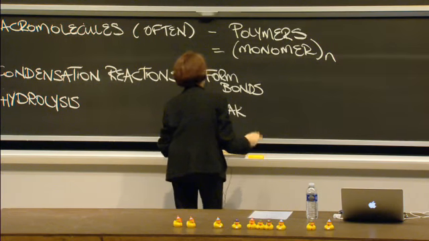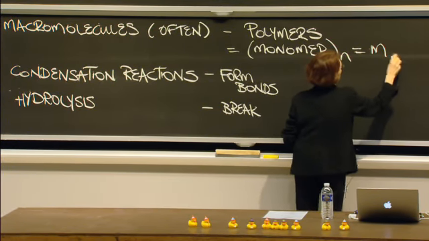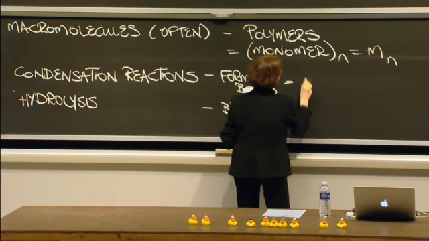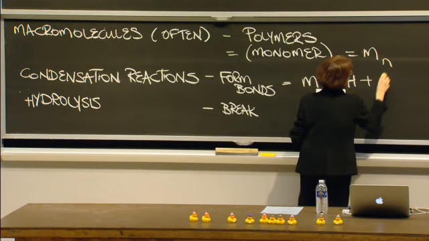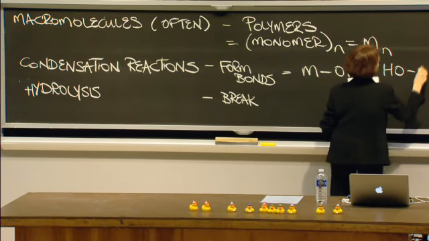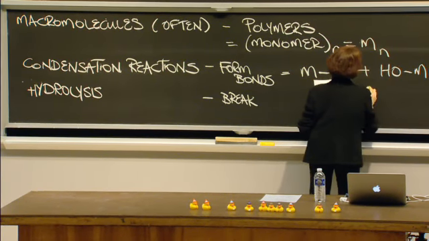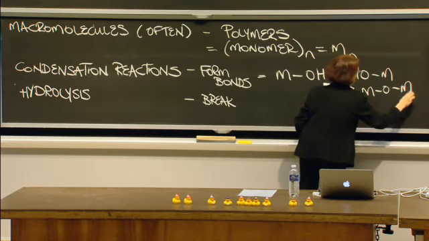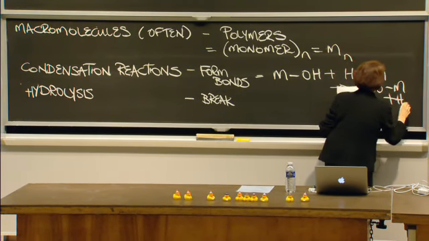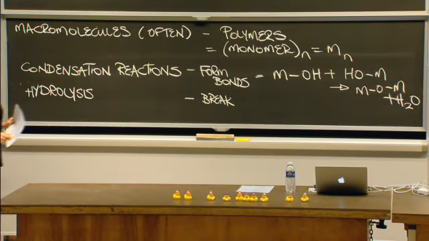And condensation reactions go something like this. If we call the monomer M, there would be a monomer with a hydroxyl group that interacts with another monomer that has a hydroxyl group. And the outcome of that would be a bond between the two monomers with the release of water.